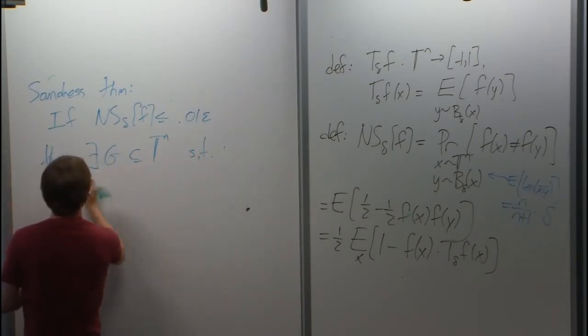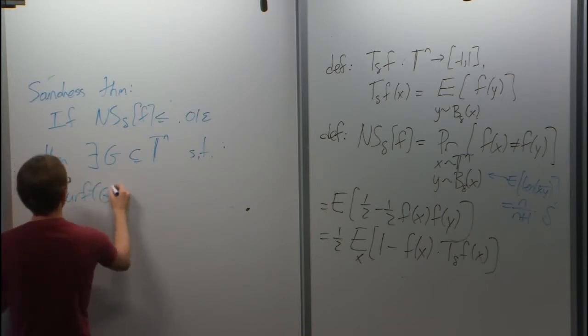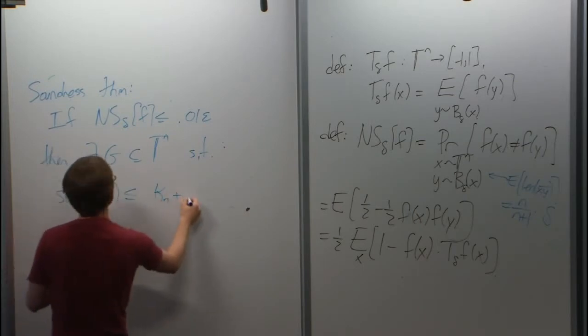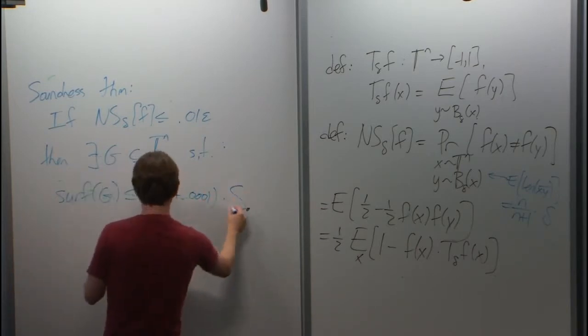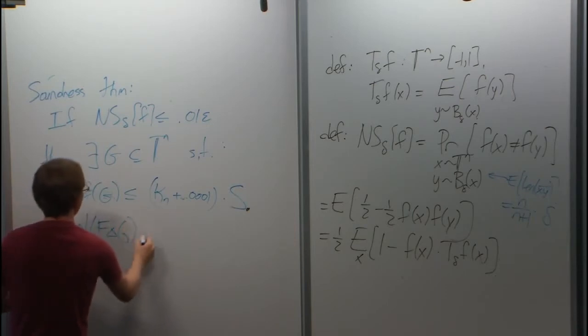First, its surface area is at most this dimension-dependent constant kappa n, which is like 4 over pi plus 0.001, times S. And the volume of F symmetric difference G is at most epsilon.